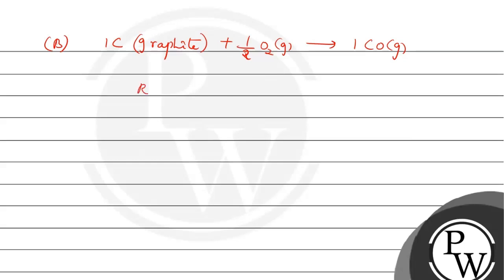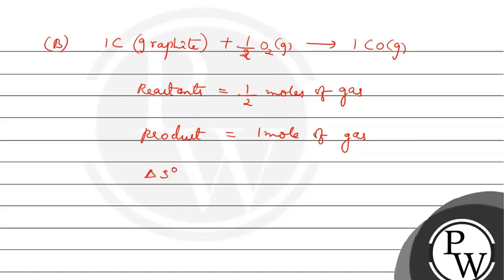If we calculate the number of gaseous molecules on the reactant side, it will be half mole of gas, that is from oxygen. On the product side we have 1 mole of gas. So during the reaction, half mole of gas is converted into 1 mole. Therefore, there is an increase in gaseous molecules. Therefore, we can clearly say that delta S naught is a positive value, which was our necessary condition.